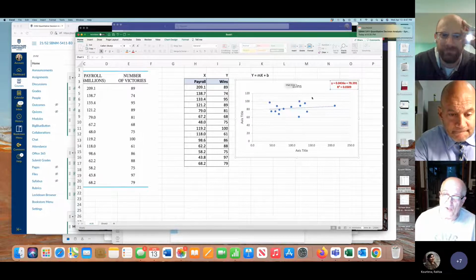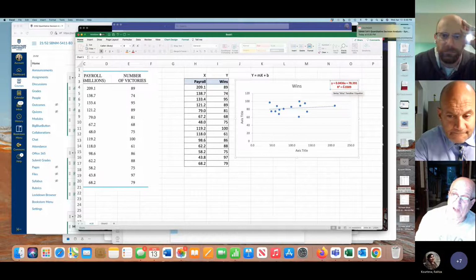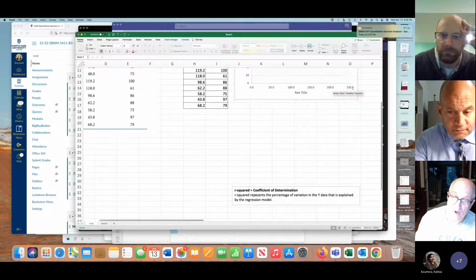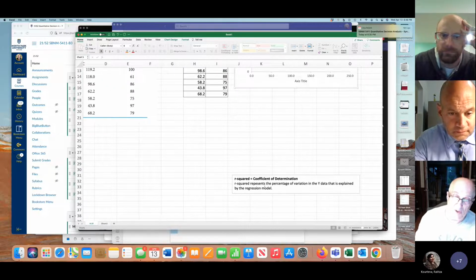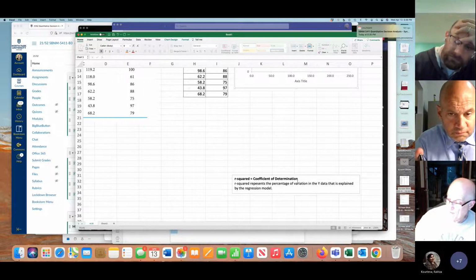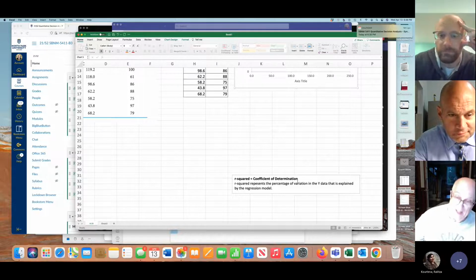So if I'm just using this simple graphical method of doing it, it gives me my regression equation and it gives me my R squared. What is R squared? It's called the coefficient of determination, which doesn't mean anything to anybody, except maybe the person that first said it. Doesn't mean how determined anything is. I don't even know how they named it that.